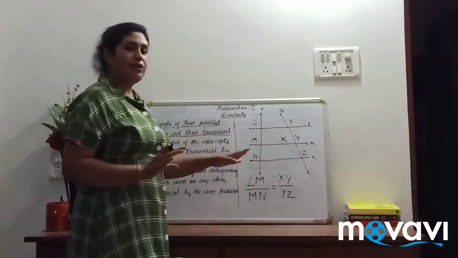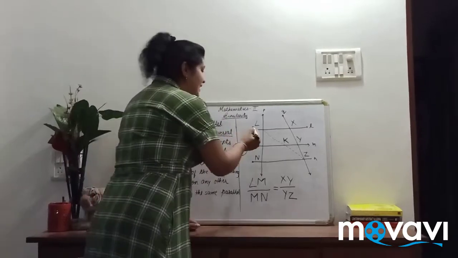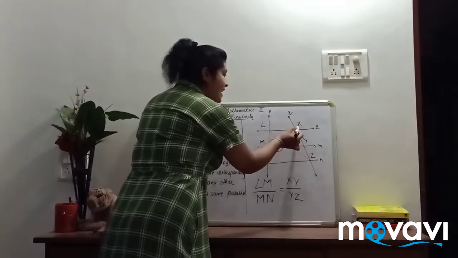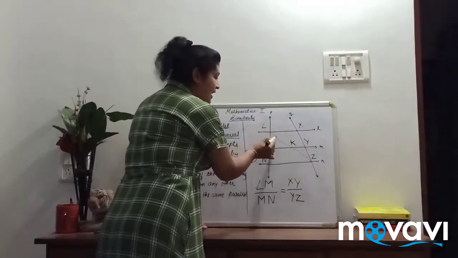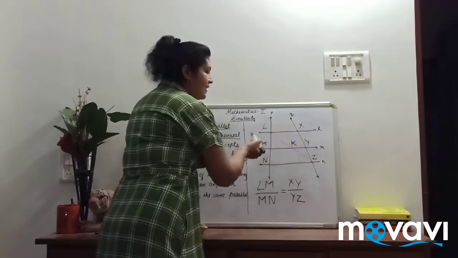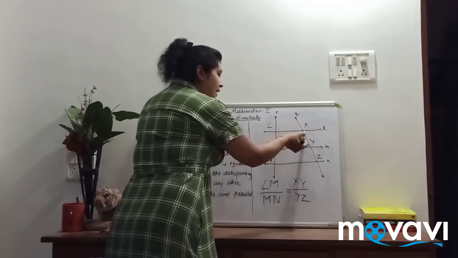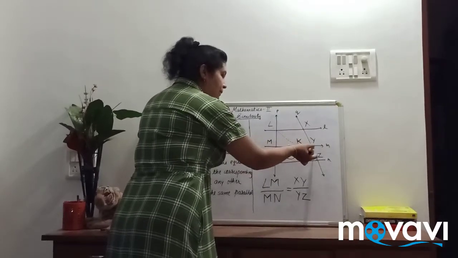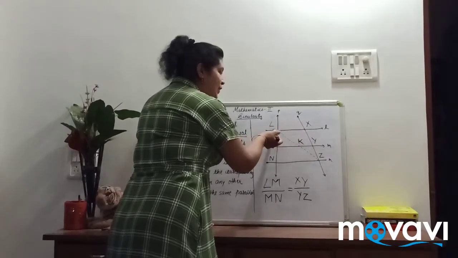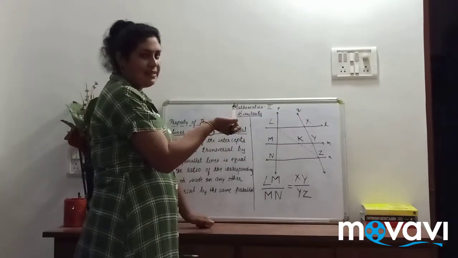Now we'll go to the next triangle, that is LZX. See this triangle LZX. Now in the same triangle, this line M is again parallel to LX, right?